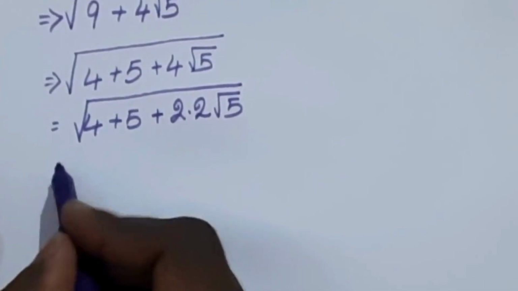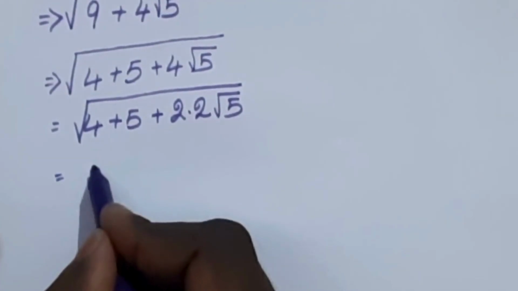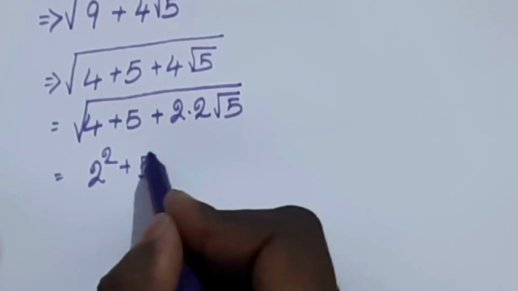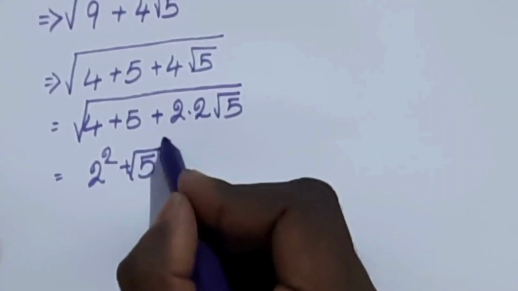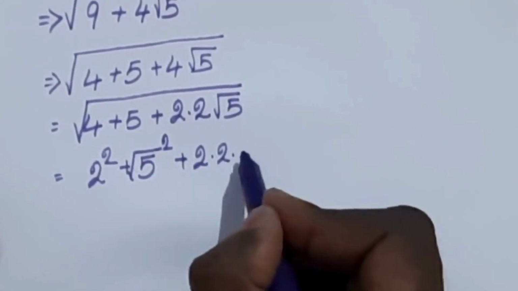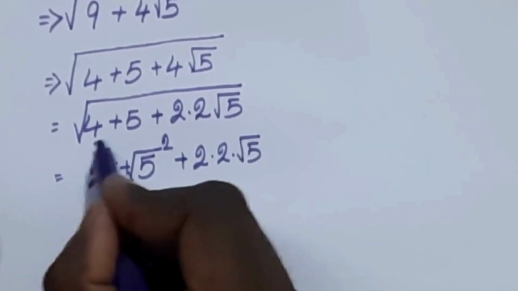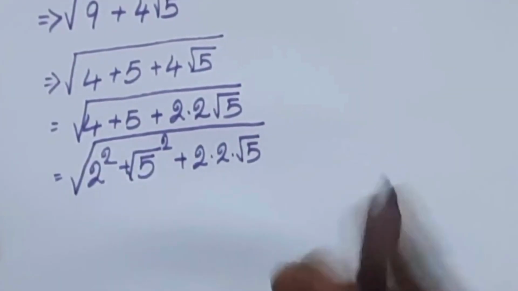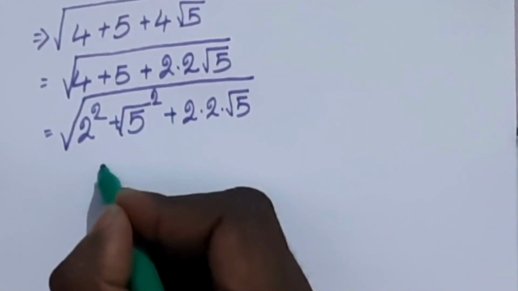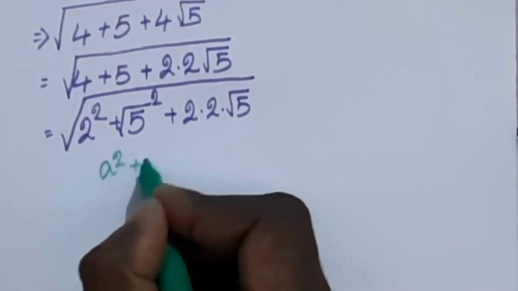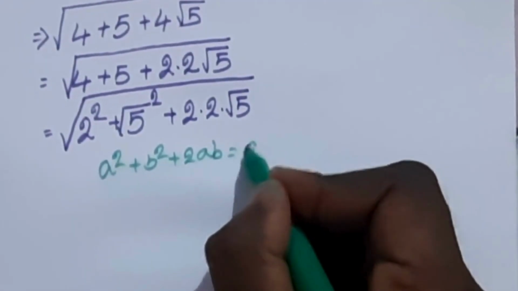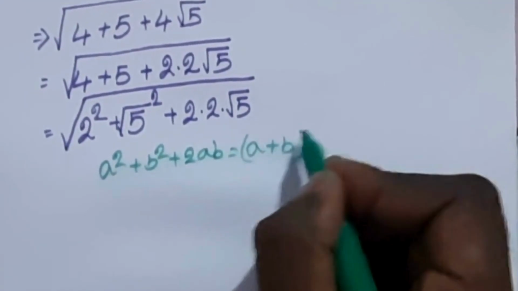Now this 4 can be written as 2 to the power of 2 plus this 5 can be written as square root of 5 to the power of 2 plus 2 times 2 times square root of 5. Now looking at this, we are going to apply this algebra formula: a square plus b square plus 2ab equal to a plus b whole square.